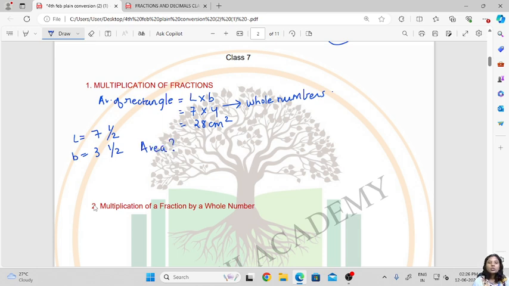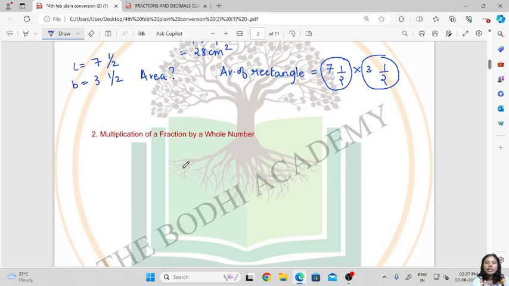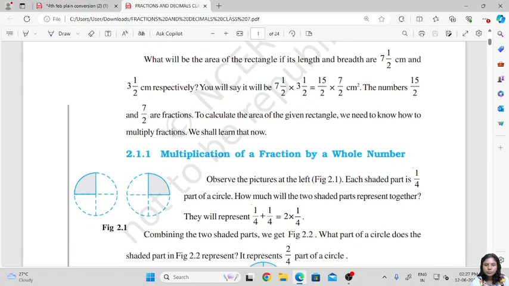Area of rectangle will be equal to 7 1 by 2 into 3 1 by 2. Now how do we solve such kinds of fractions which are given to us? Let's try to understand that.